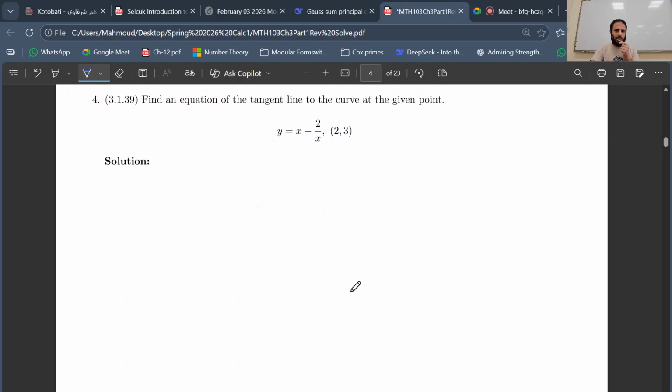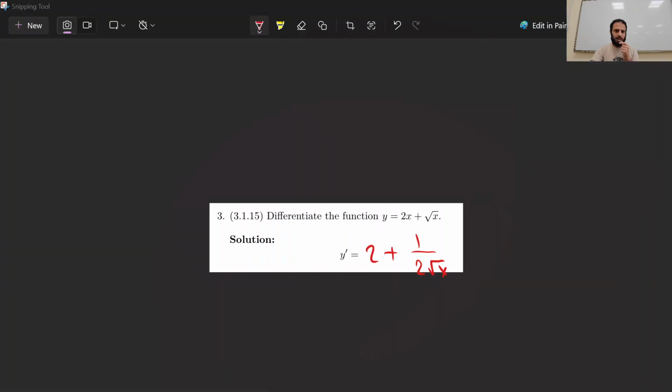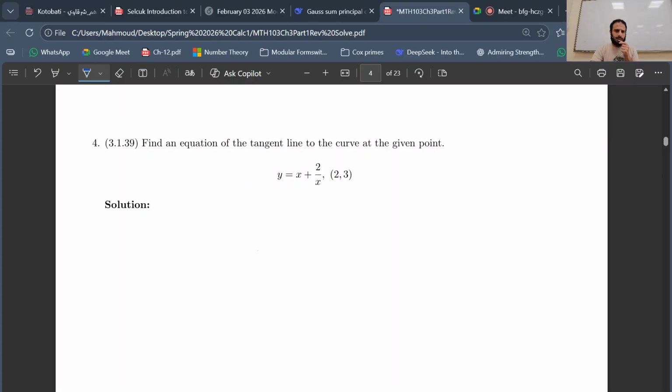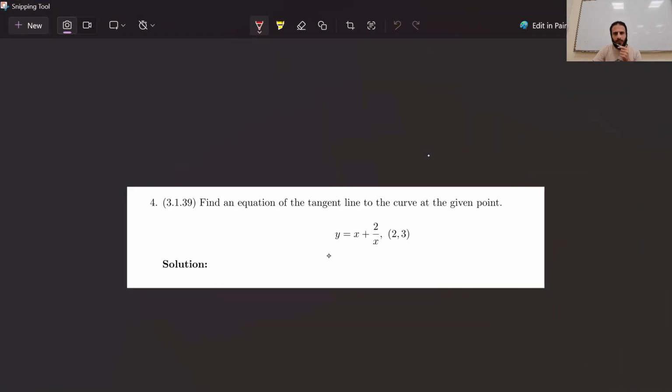Now about the tangent line. Find the equation of the tangent line to the curve. First, what's the slope point form?